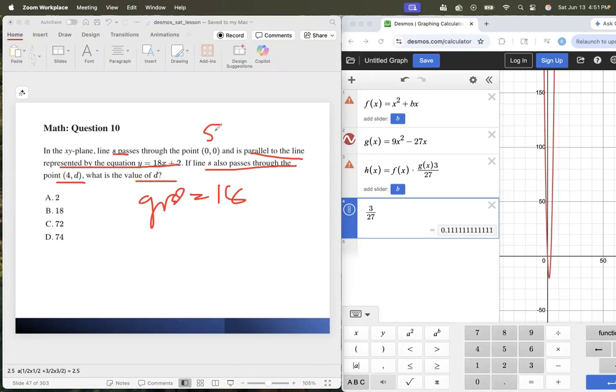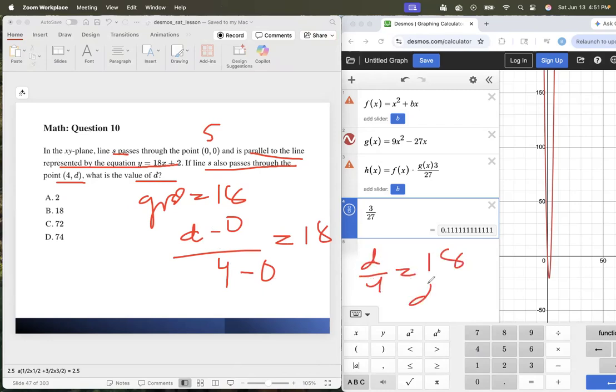If it passes through this point and has a gradient of 18, then d minus 0 over 4 minus 0 should give you 18, right? That means d over 4 is equal to 18. And d is 18 times 4. That's all. That's the way to solve this question. And that should give you 72.